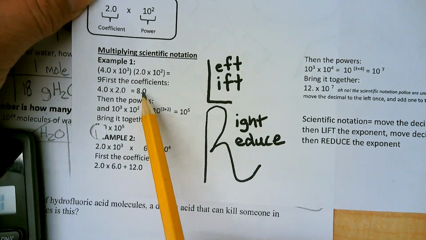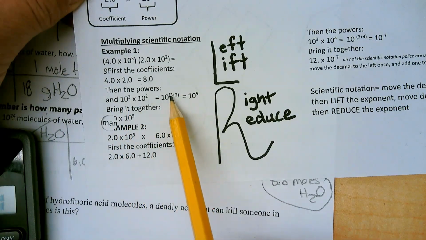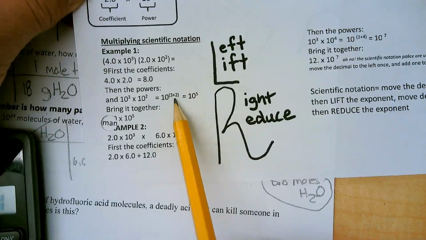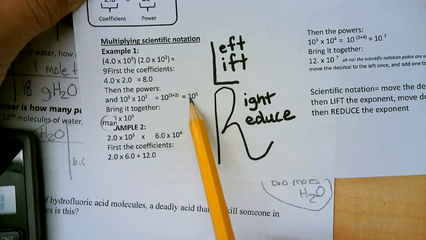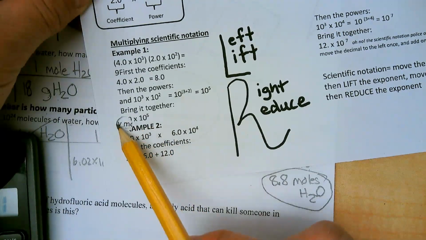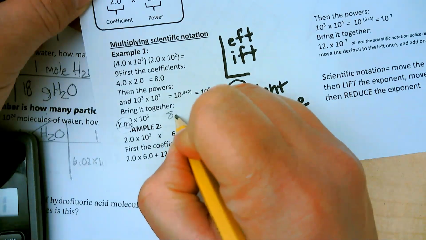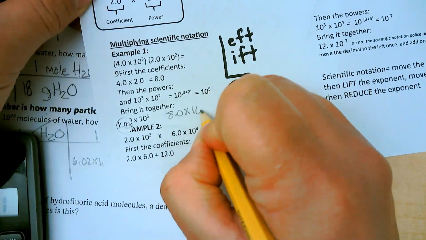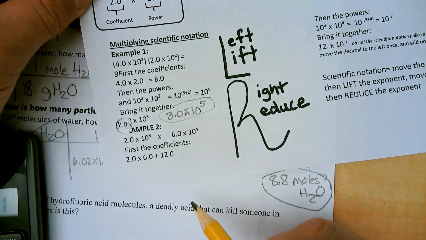That gives you 8. Then with the powers, instead of subtracting them like you did before, you add them. So if you have 10 to the 3 times 10 to the 2, that's the same thing as 10 to the 5. And now you bring it all together. So really, it would be 8.0 times 10 to the 5th is your answer on that.